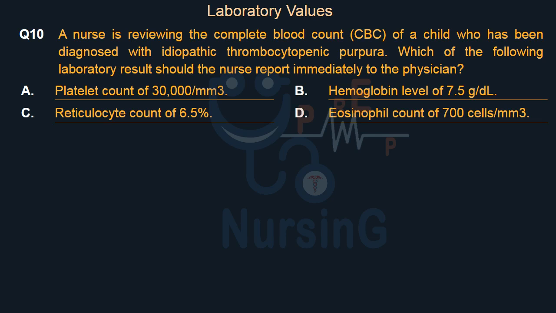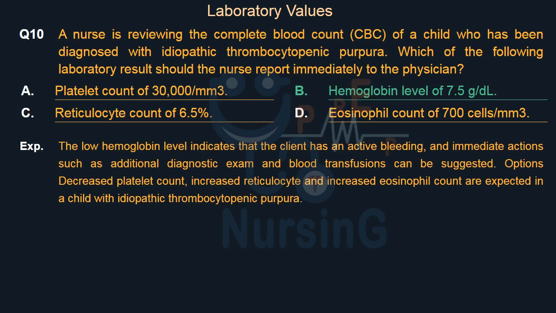Option D, eosinophil count of 700 cells/mm3. Right answer is Option B, hemoglobin level of 7.5 grams/dl. The low hemoglobin level indicates that the client has active bleeding, and immediate actions such as additional diagnostic exams and blood transfusions can be suggested. Other options: decreased platelet count, increased reticulocyte and increased eosinophil count are expected in a child with idiopathic thrombocytopenic purpura.